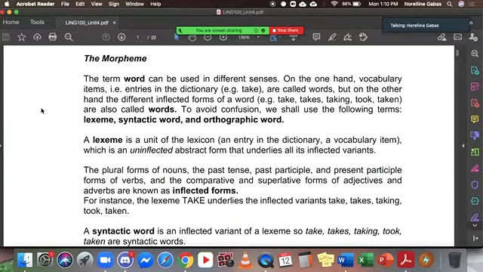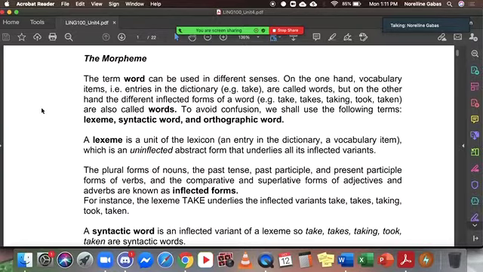So morphemes, the morpheme. The term word, as in the word word, can be used in different senses or different meanings or different situations, contexts. On one hand, vocabulary items, for example, entries in the dictionary, for example the word take, are called words.